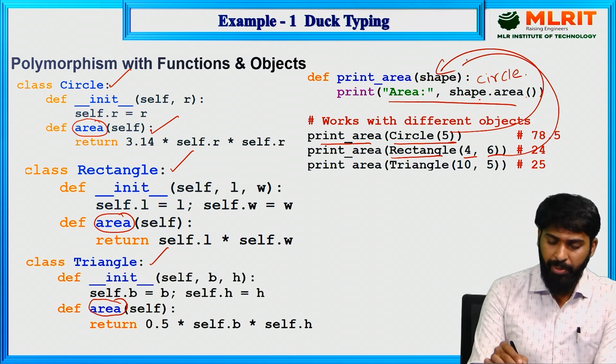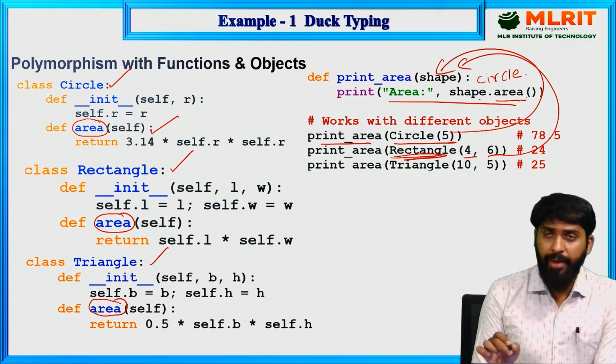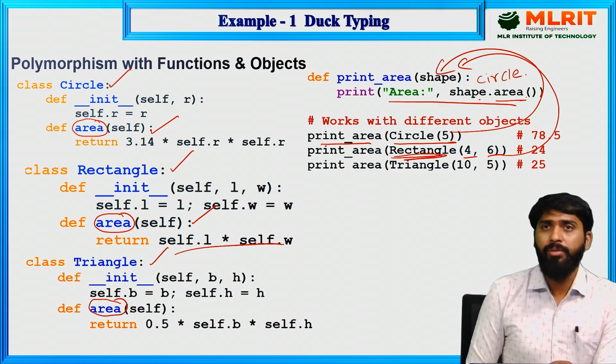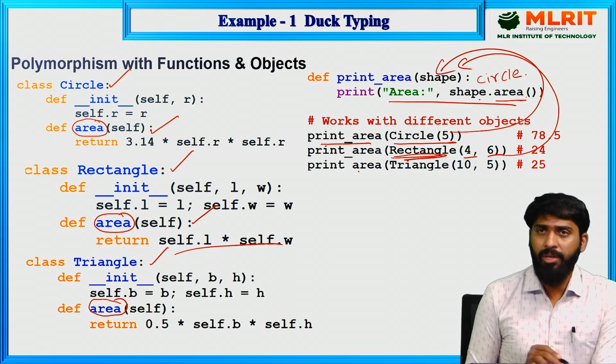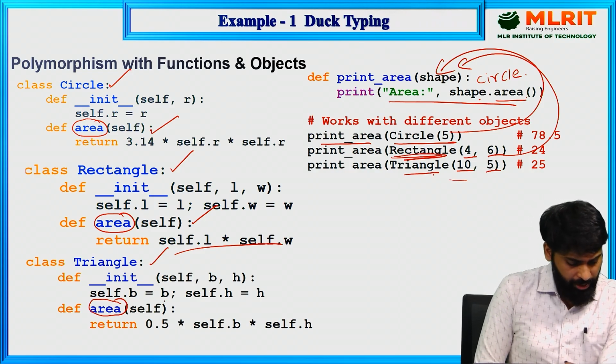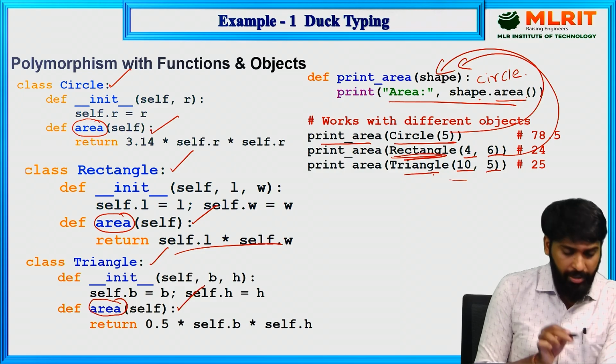Now the shape is rectangle, so the area function in the rectangle class will be invoked. In the third function call we pass triangle 10 comma 5. Here the shape is triangle, so the area function in the triangle class will be invoked.